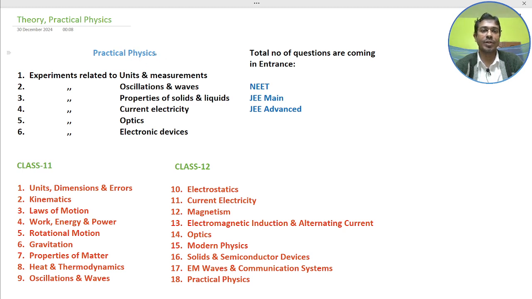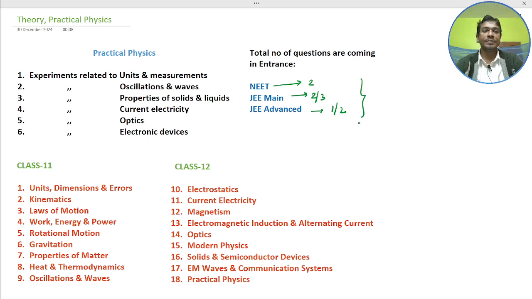In this part we will cover experiments related to units and measurements, oscillations and waves, properties of solids and liquids, current electricity, optics and electronic devices. The number of questions coming in the NEET exam is 2, JEE Main 2 or 3, and JEE Advanced 1 or 2 questions come from this chapter.